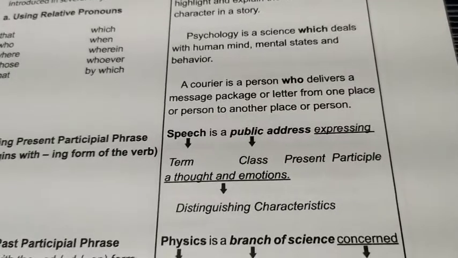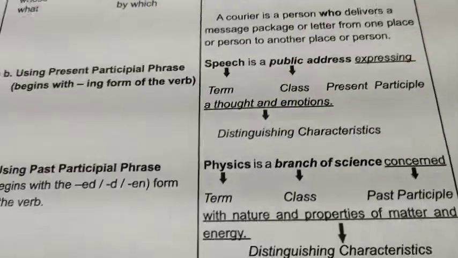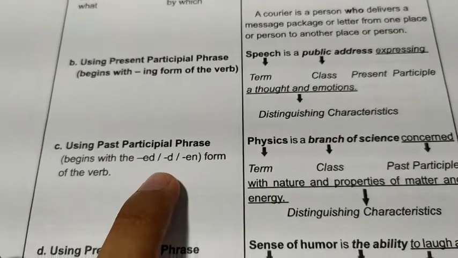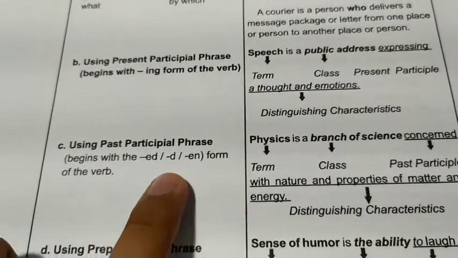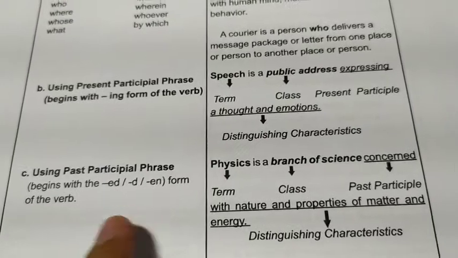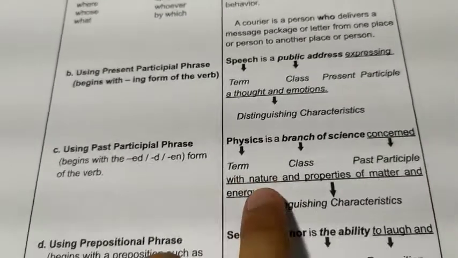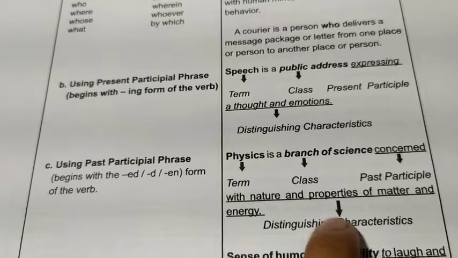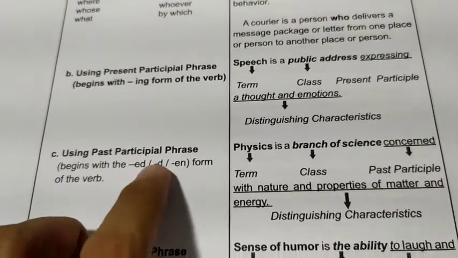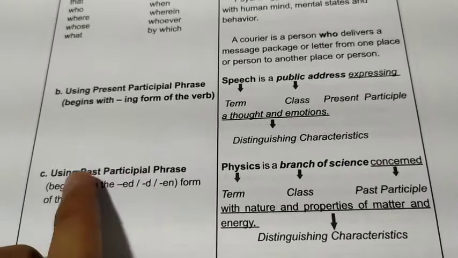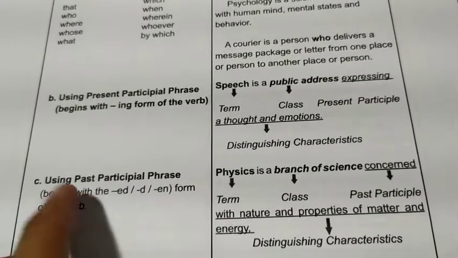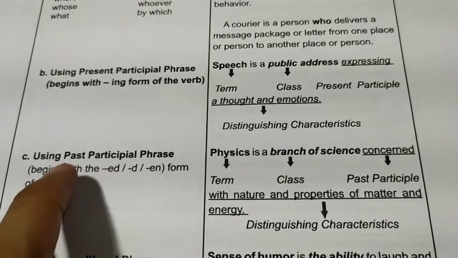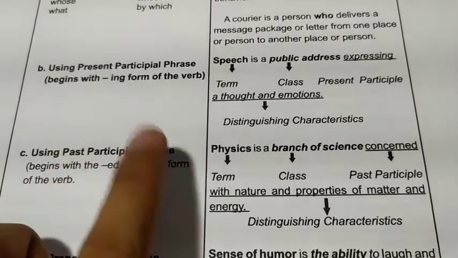It can be in gerund form. In using a past participial phrase, it ends with -ed, -t, -en. For example, "concerned with nature and properties of matter and energy." So if there is -ed or -en, meaning past participle, it is not the past tense but the past participle, and it will fall under the past participial phrase.